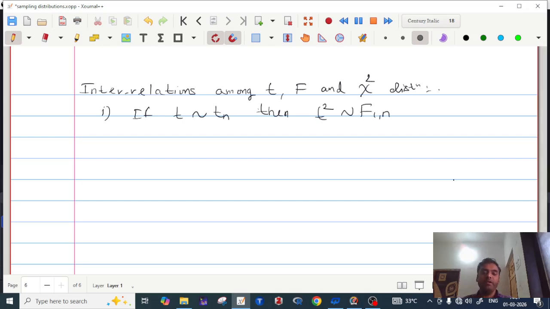Its proof is very simple from the definition of T. If you take its square, you will easily get F with 1 comma n. Second is very common, directly from the definition of F: the ratio of two chi-square variables divided by their respective degrees of freedom.